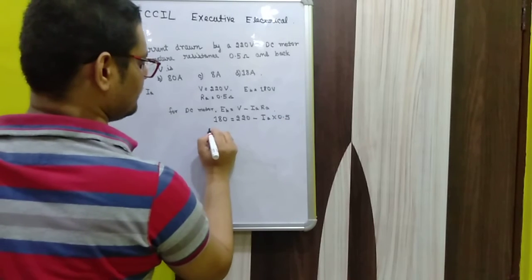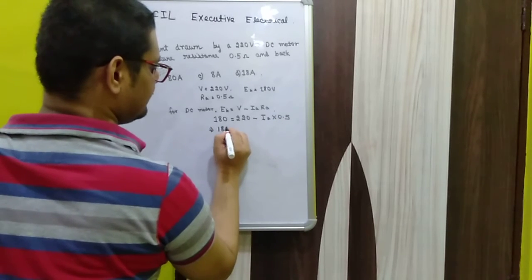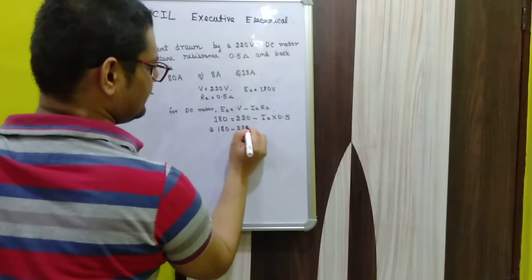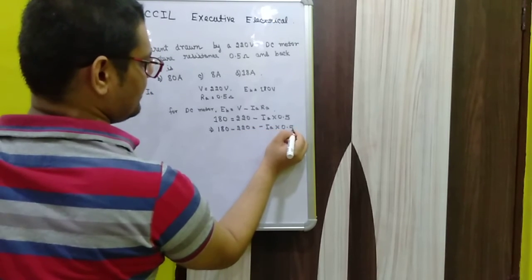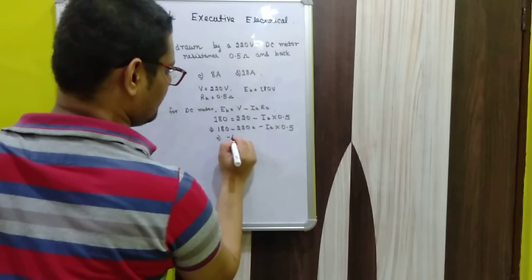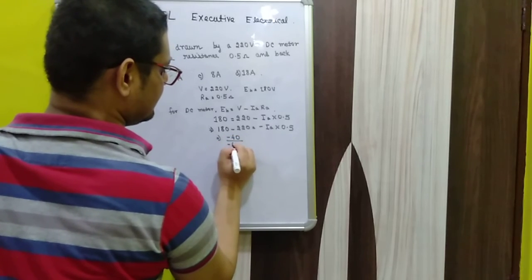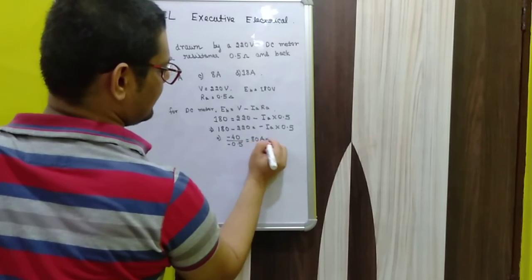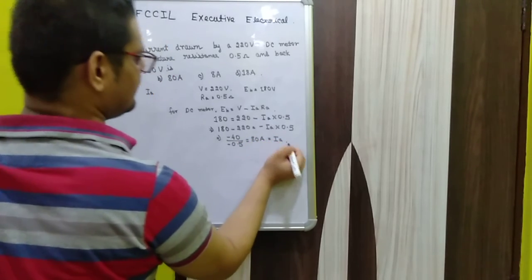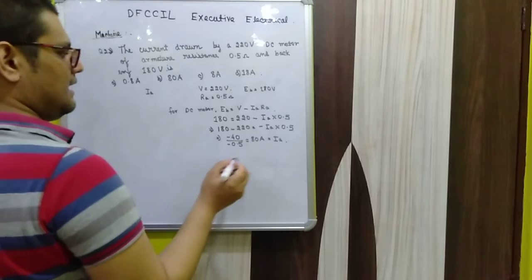Now we do the calculations. 180 minus 220 is equal to minus Ia into 0.5, that is minus 40 divided by minus 0.5, which will be 80 ampere, and that is the value of the armature current. I hope it is clear how I calculated it.